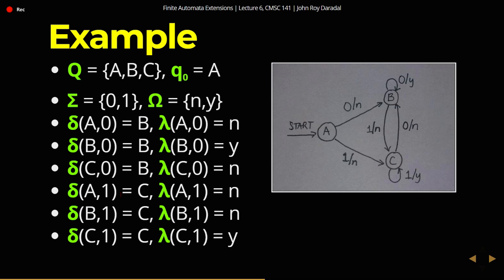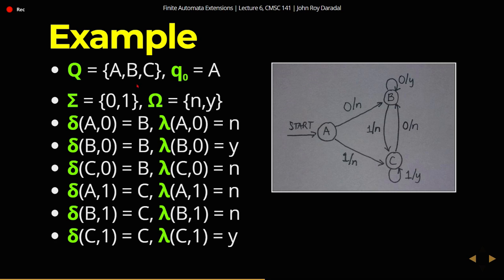So let's see an example here. We have a Mealy machine example. You'll notice that the states don't have outputs associated with them anymore, unlike in Moore. Instead, the outputs are in the transitions here. So you have the 0/n. That means that this is on input 0 transition and the output is n. Then for this one, this is 1/y. So on input symbol 1, it will transition and the output will be y.